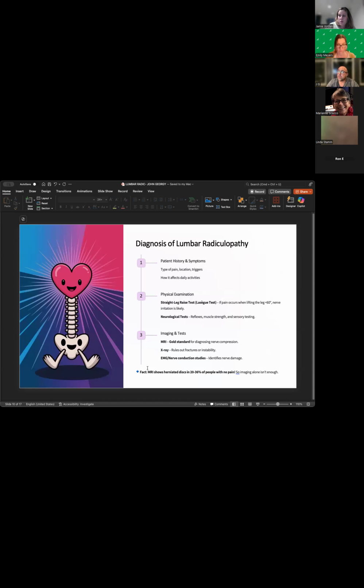So a good history and being able to listen to the patient's complaint and asking the right questions will lead you down the right diagnosis, depending on their pain, location, mechanism of injury, and how it affects their daily activities. I usually probe more and ask, what do you do for a living? What do you do for exercise? Because a lot of it can stem from that.